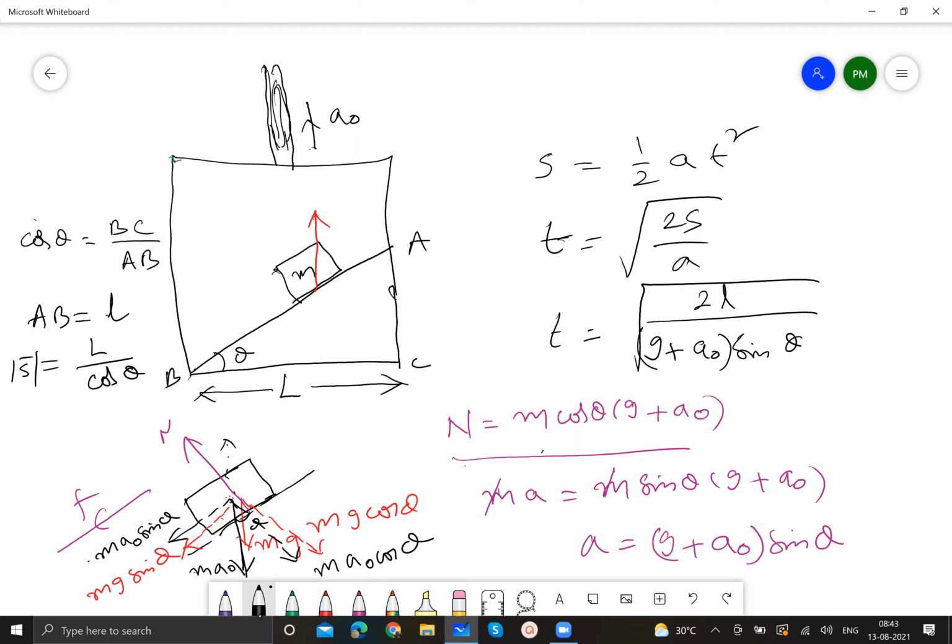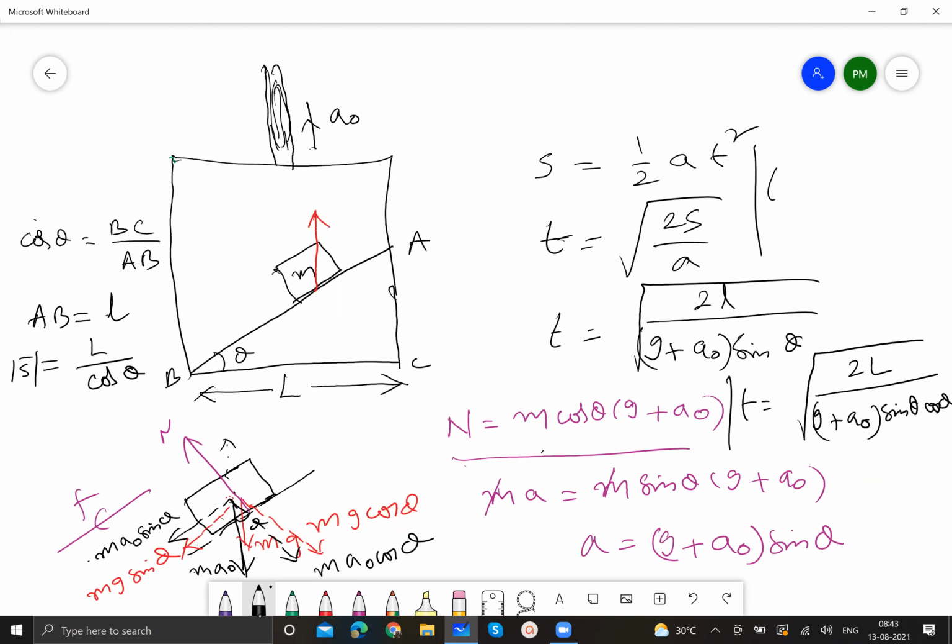Again, in place of L, because that's not given in the problem, you are given the base length. Therefore, I get finally root of 2L by g plus a naught into sine theta cos theta. This can also be represented as 4L by g plus a naught into sine 2 theta.